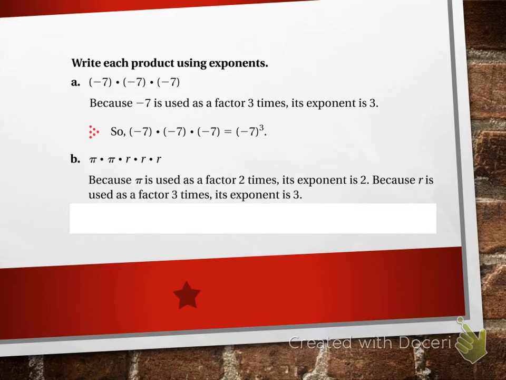Because pi is used as a factor 2 times, its exponent is 2. Because r is used as a factor 3 times, its exponent is going to be 3. So you're going to have pi squared r to the 3rd, because 2 pi's, 3 r's. Pi squared r cubed. 2 is squared, 3 is cubed.